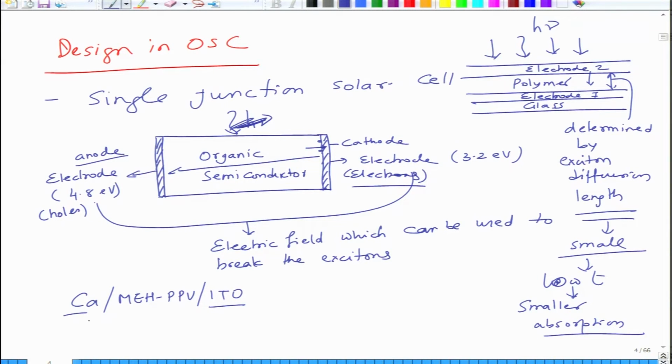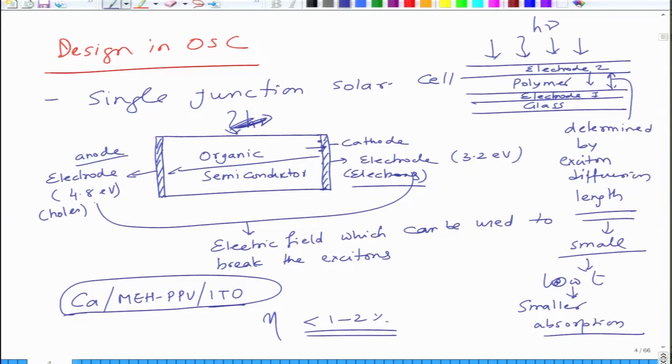Calcium is a more reactive metal. So in these devices one obtains smaller efficiencies, but this is one of the devices which have been used in these materials. Efficiencies in these devices will generally be less than 1 to 2%. People have demonstrated higher efficiencies, but getting higher efficiencies is not easy in these devices because of limitations of thickness.